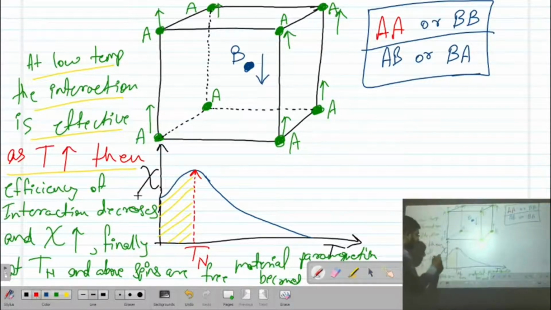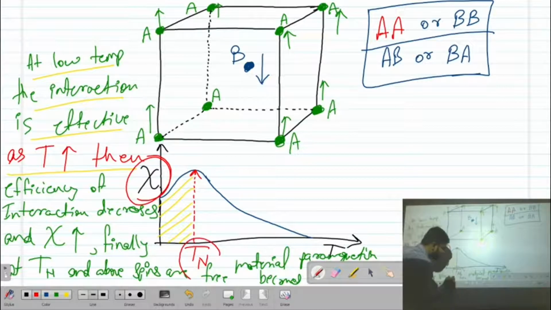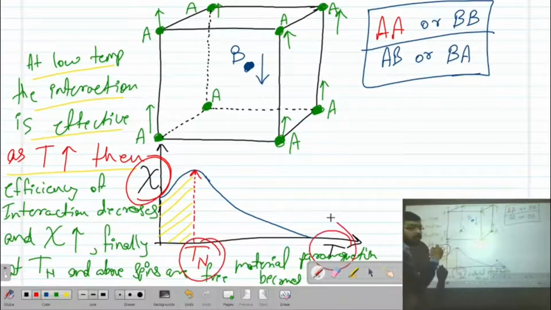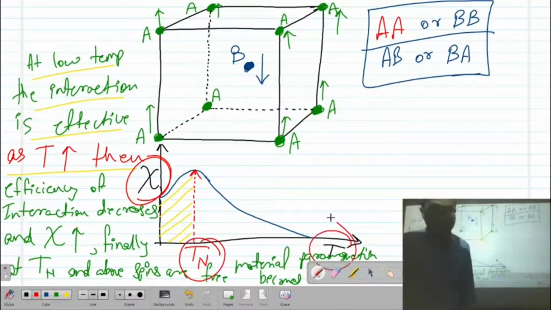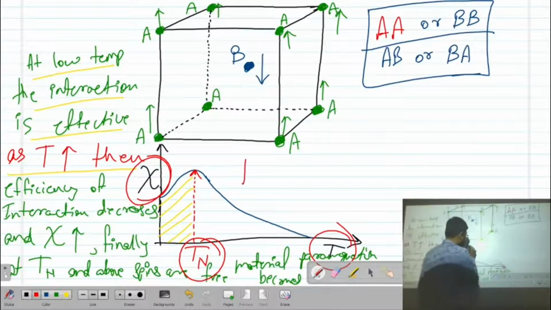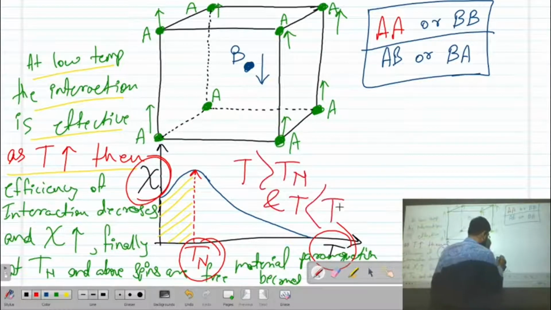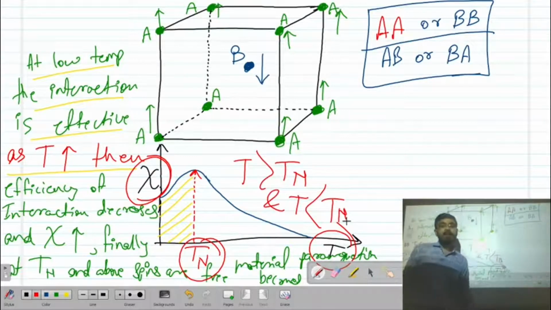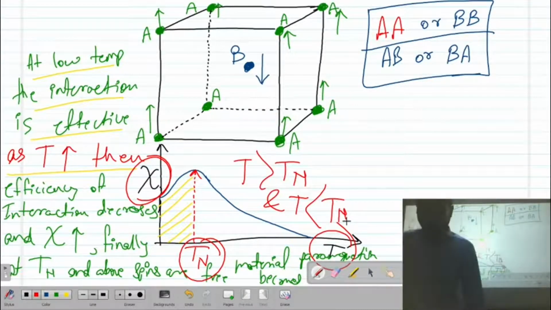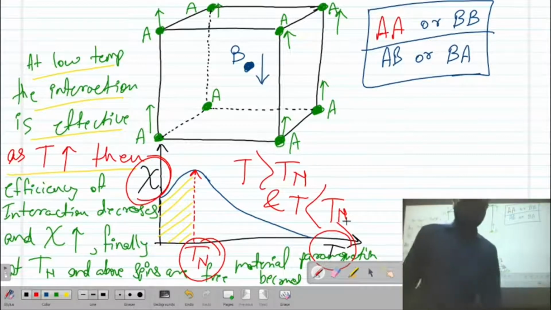Now we want to find out the relation between chi, Tn and T. In that case, we will have two cases: T greater than Tn and T less than Tn. So let us start our derivation considering these cases.